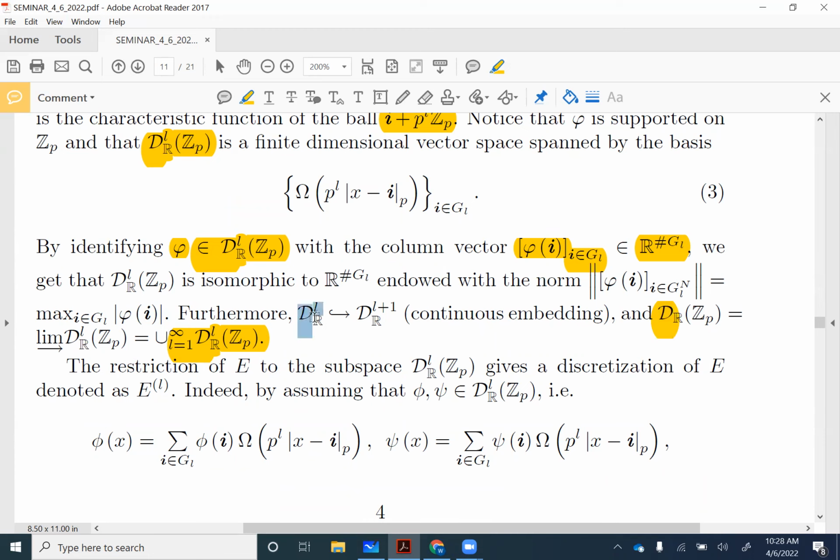DL is a subspace, so we can restrict this functional to DL, and we denote this restriction by this symbol. The next step is to find an explicit formula for this functional. In order to do that, we have to assume that the fields phi and psi are elements in this vector space. This means that phi and psi have this representation.